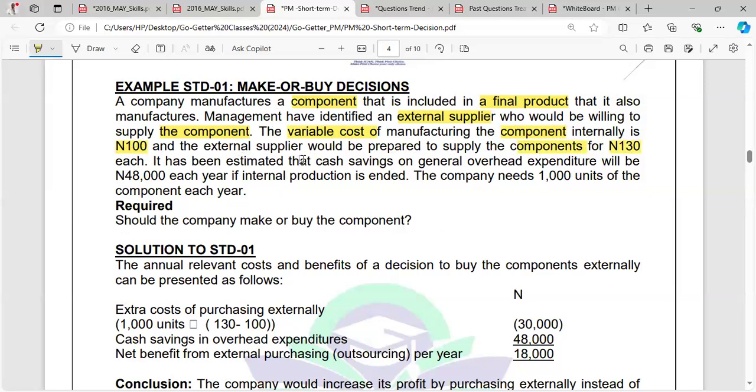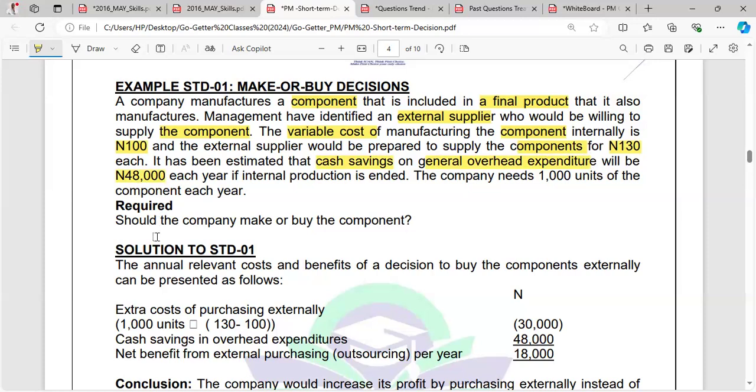It has been estimated that cash savings on general overhead expenditure will be 48,000 each year, if internal production of that battery is ended.